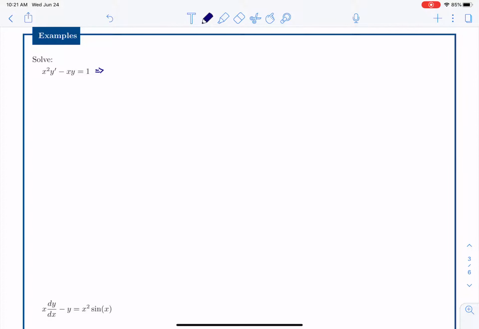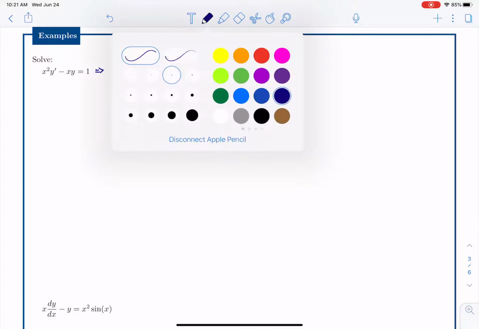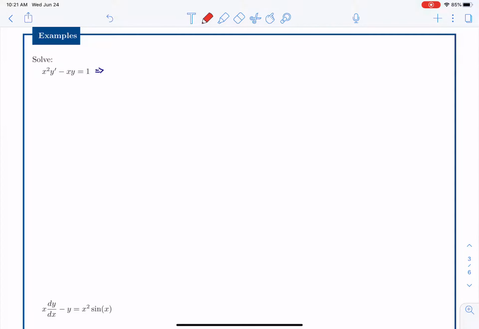So here we have a linear equation, but it doesn't look like the equation that we used to derive the solution. So we want the equation to resemble that. I'm going to divide by x squared on both sides.